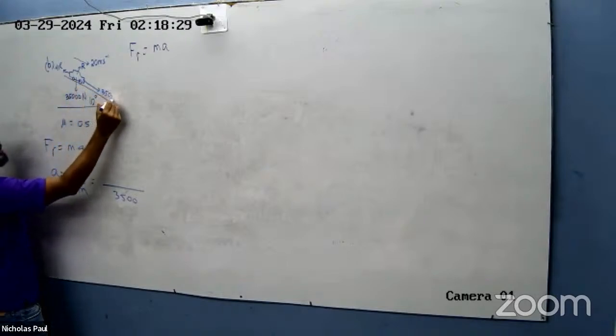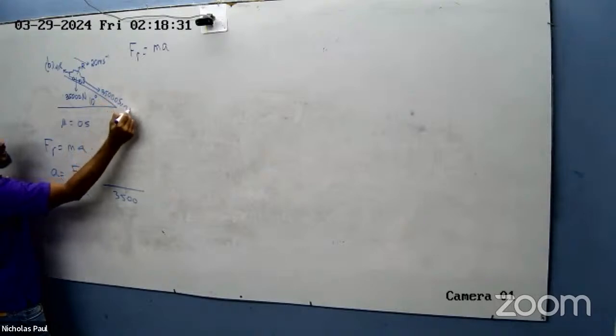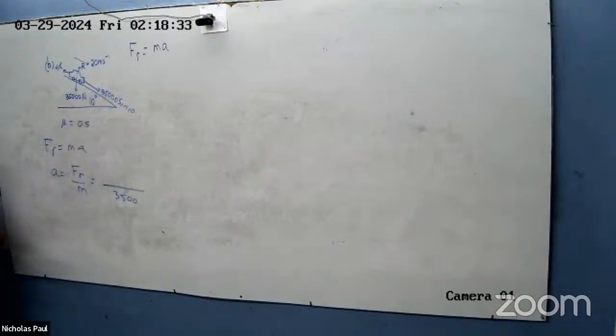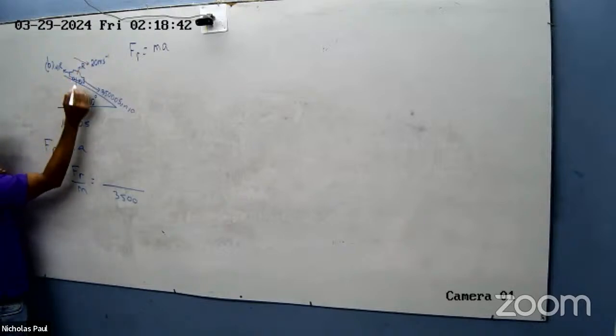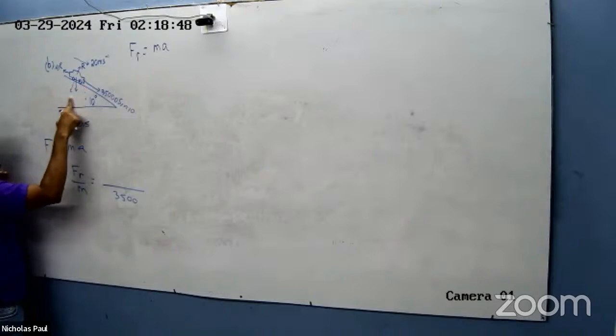So that'll be 35,000 times 10. The resultant force acting is subtracting those two. Oh wait, we didn't get R, sorry. So we had a resultant here, which will be taking up this. So that'll be 35,000 cos 10.